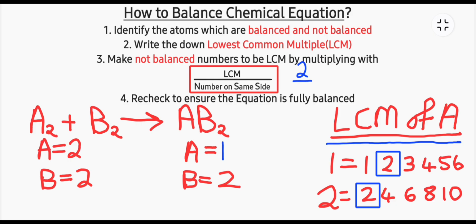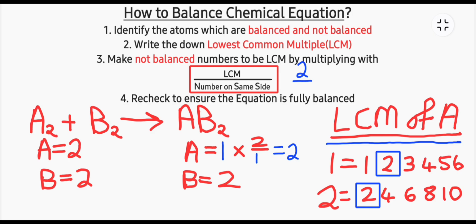So I would do that. Doing that, this A1 is multiplied with the LCM. For A1, I multiply with the LCM over the number on the same side, which is 1, so multiply 1 by 2.